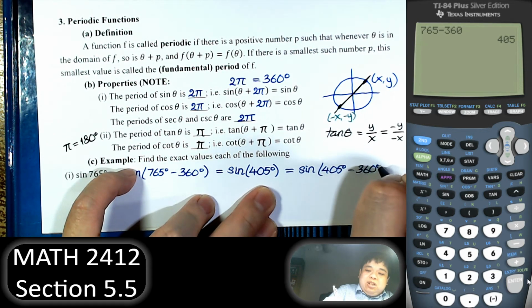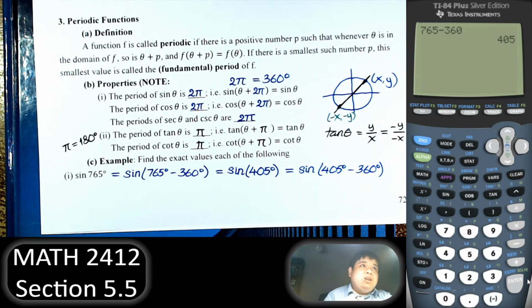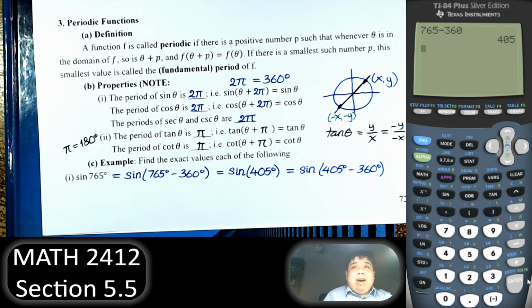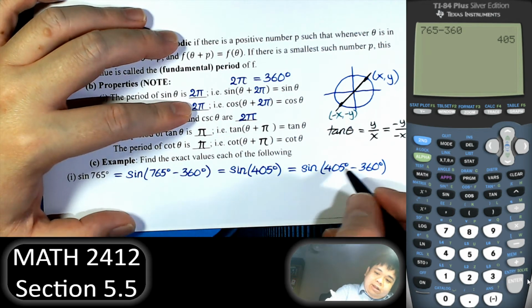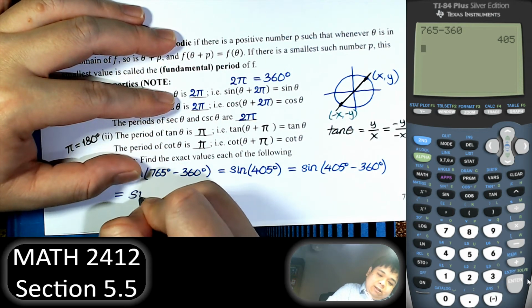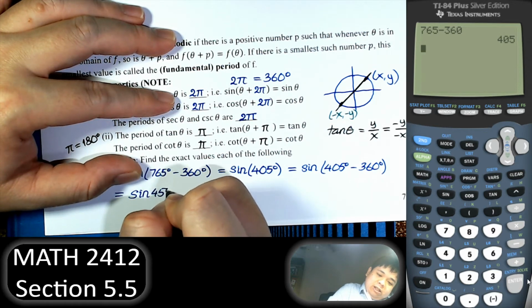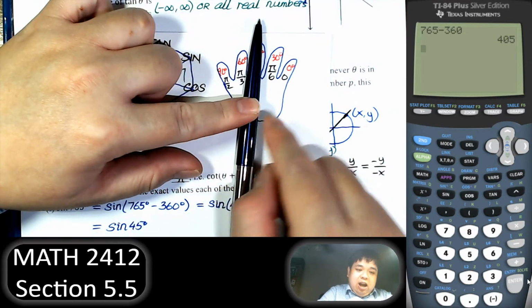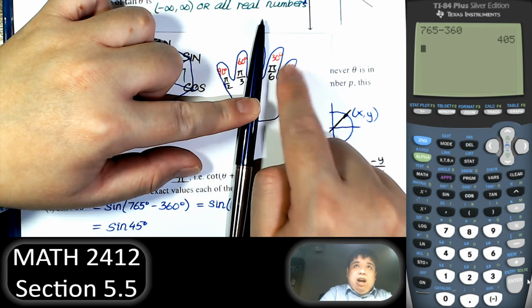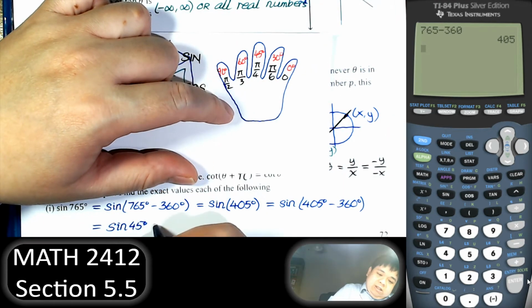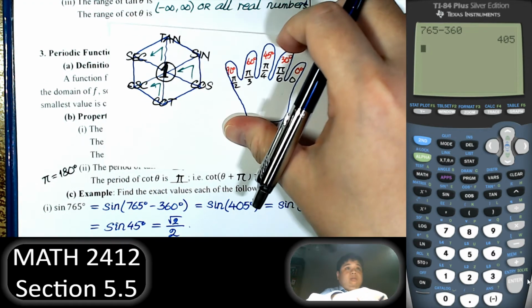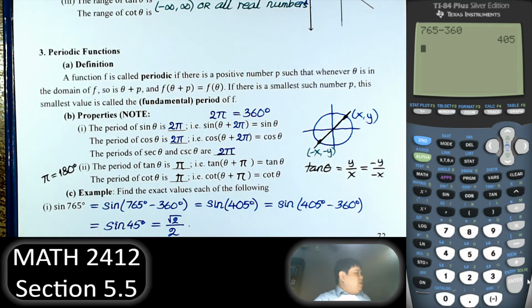So when we add or subtract 360 for sine, cosine, secant, cosecant, these 4 functions, the values will be the same. That will be 45 degrees. Back to this, 45 degrees. Sine is number of fingers on the right, square root of 2 over 2. Right. Nice enough.